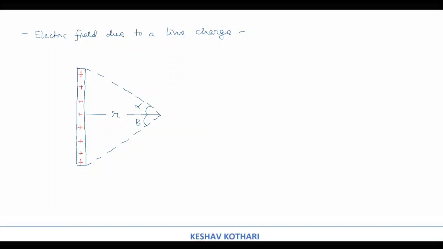So we are considering that the charge per unit length is lambda.